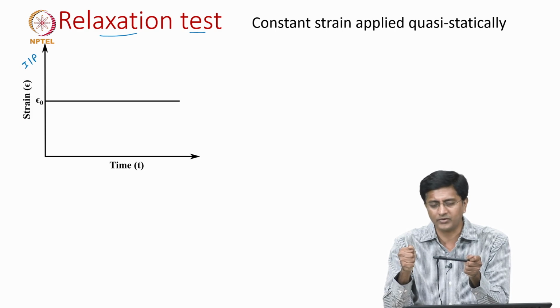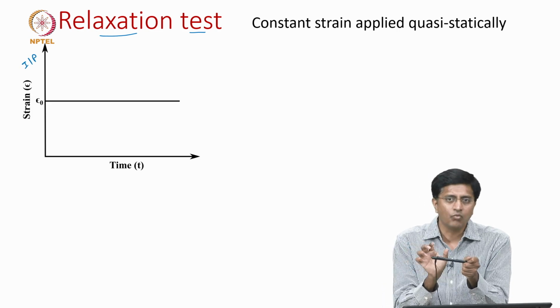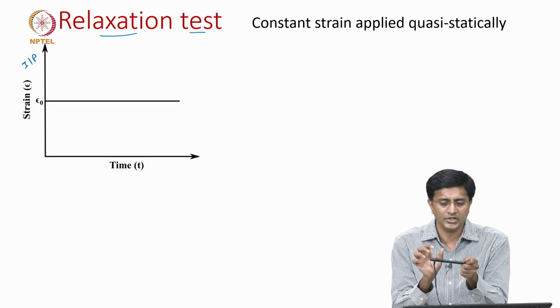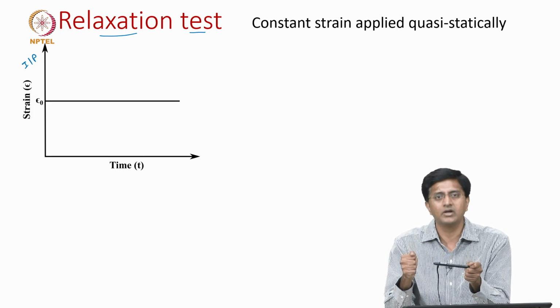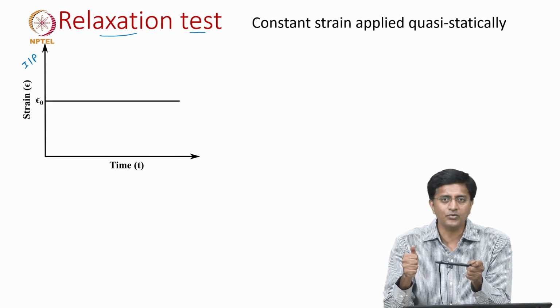What we do after this is measure the stress, because once we stretch it, the specimen wants to go back to its original state, but since we are restricting that movement, stresses are produced in the specimen. That is what we are measuring.